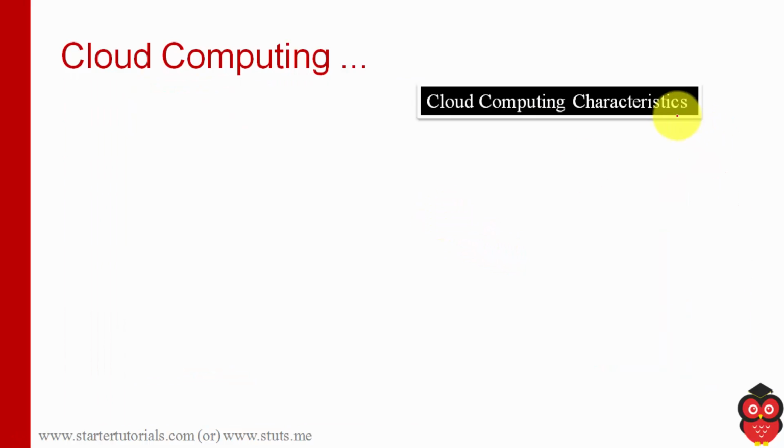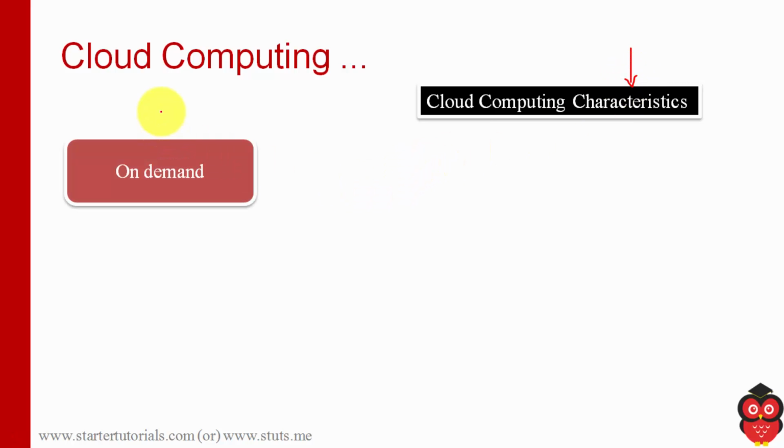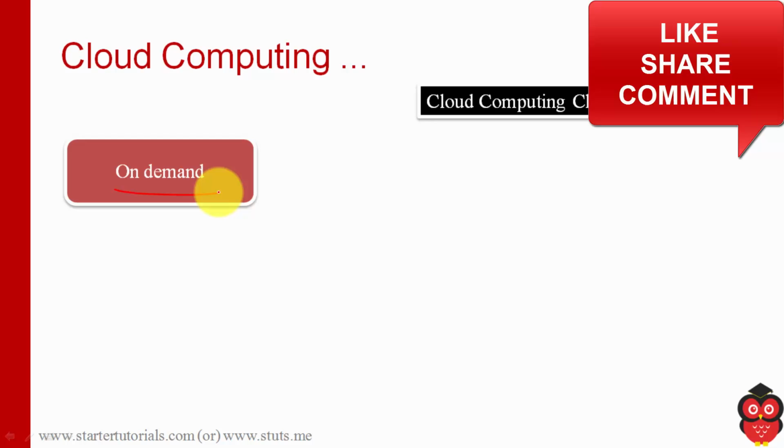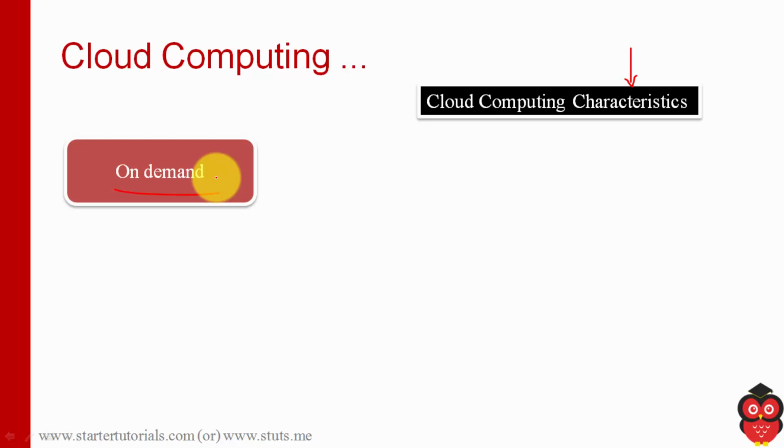Now let's see the characteristics of cloud computing. The first one is on demand. All the resources, compute, networking and storage, are available based on demand. If the traffic increases, the resources should also increase. If the traffic decreases, the resources will automatically scale down.